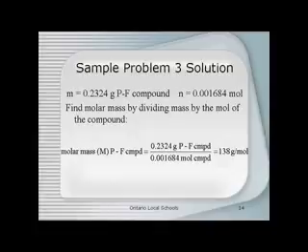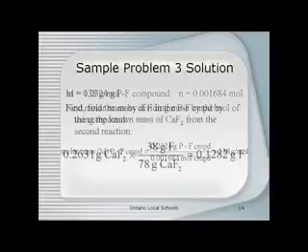We then find the molar mass by dividing the mass of the phosphorus fluorine compound, 0.2324 grams, by the number of moles, 0.001684 moles. When we do that, we get a molar or molecular mass of 138 grams per mole.